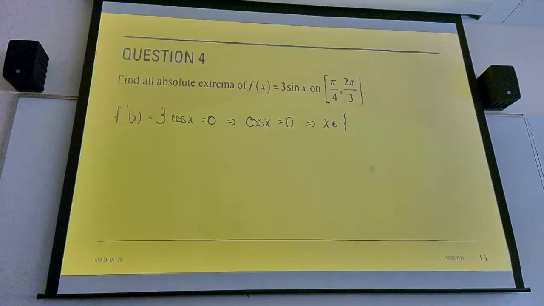I just said it, cosine is 0 at every odd multiple of pi over 2. So it has an infinite number of zeros.